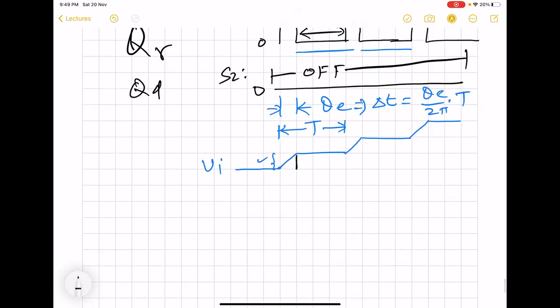Here we know that the current into the capacitor is given by this equation.